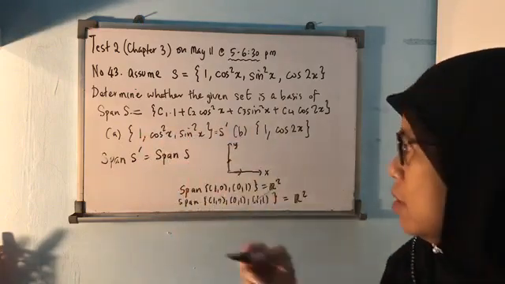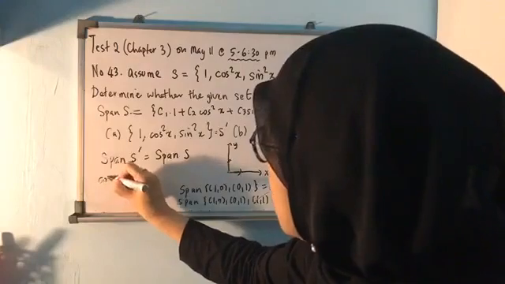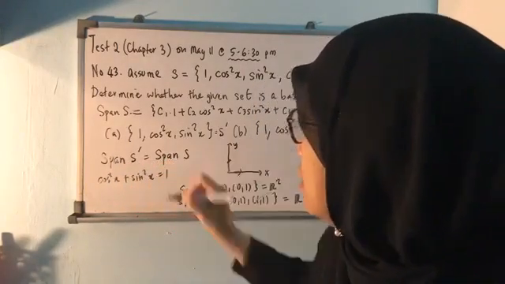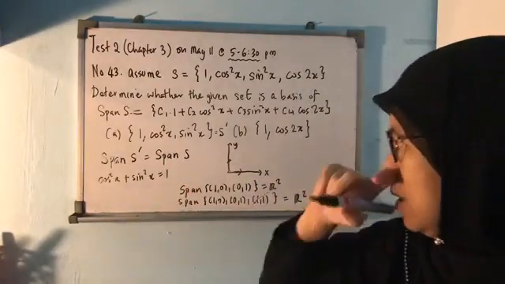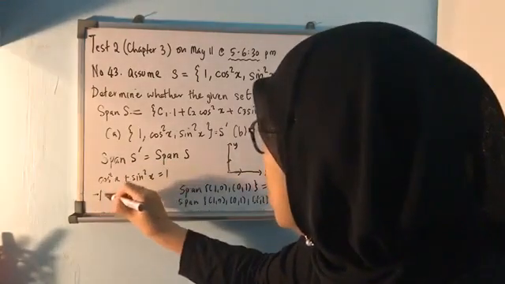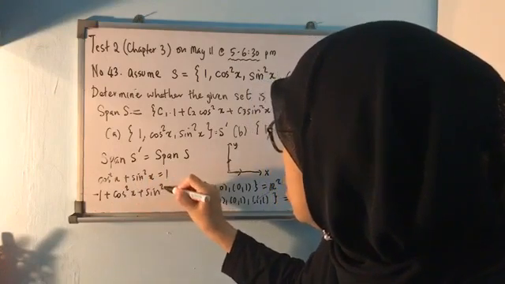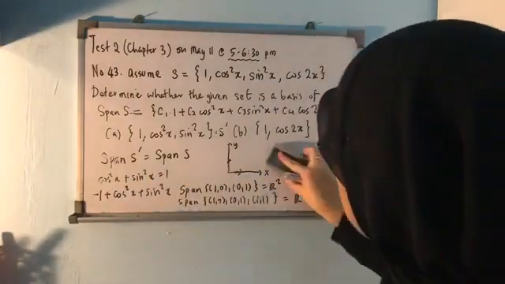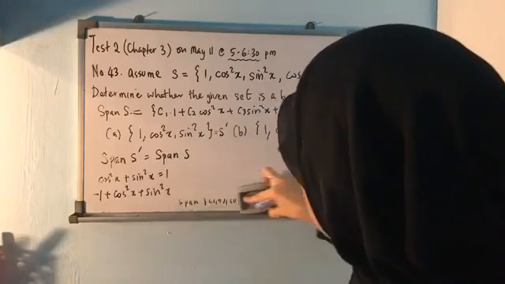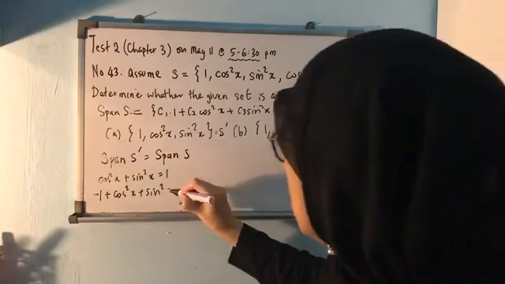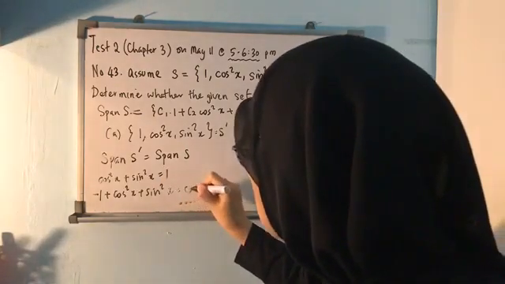How do I know? Because cosine squared plus sine squared is 1, right? So I bring this to the other side and we get negative 1 plus cosine squared x plus sine squared x equals 0.